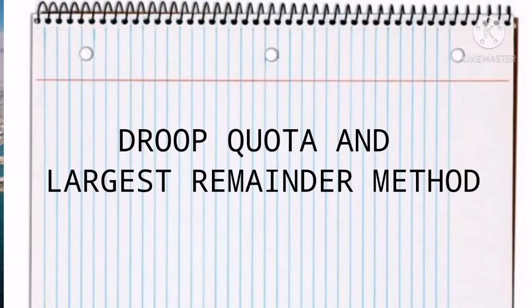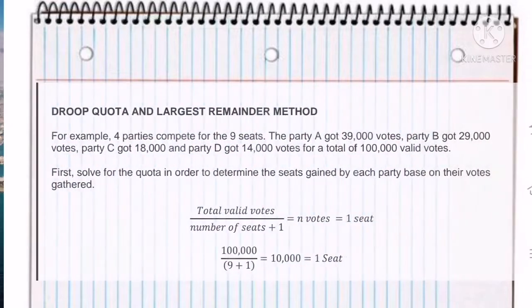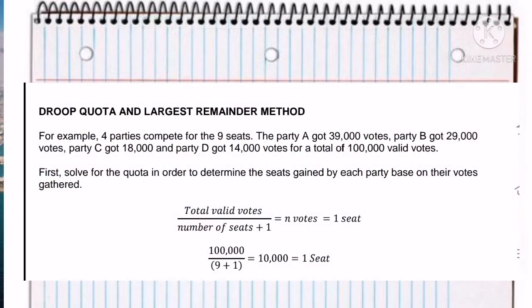Now, let's learn how to use the Droop quota and the largest remainder method using a simpler problem. Say, for example, there are 4 parties competing for 9 seats. Party A got 39,000 votes, Party B got 29,000 votes, Party C got 18,000 votes, and Party D got 40,000 votes, for a total of 100 valid votes.